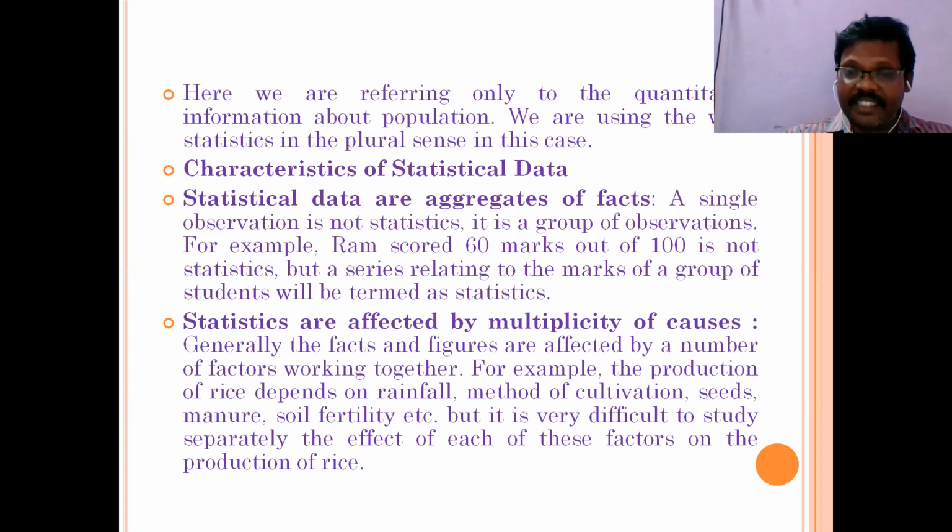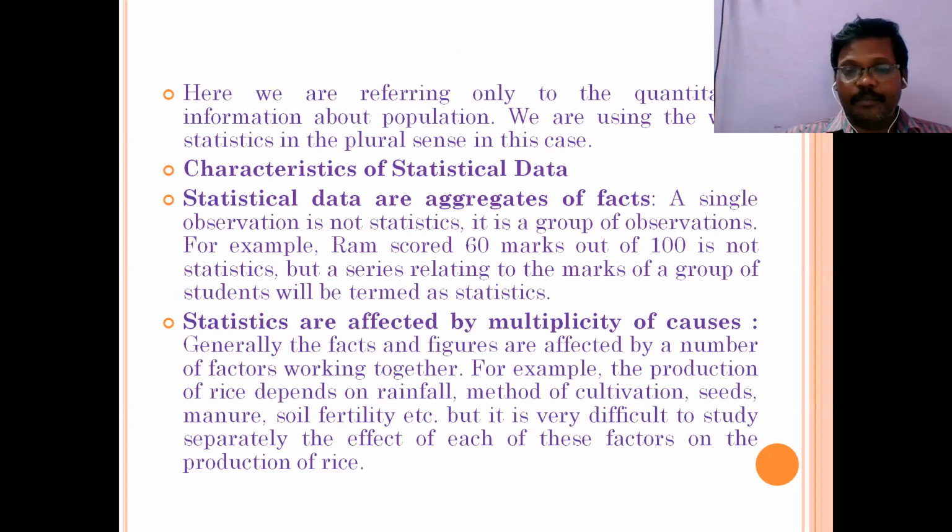Methods of cultivation, whether the farmer is using the traditional method or modern method, like use of seeds, whether using hybrid seeds or traditional seeds, or manure or fertilizer. All these are the inputs for the production of any commodity, particularly in the agriculture sector.